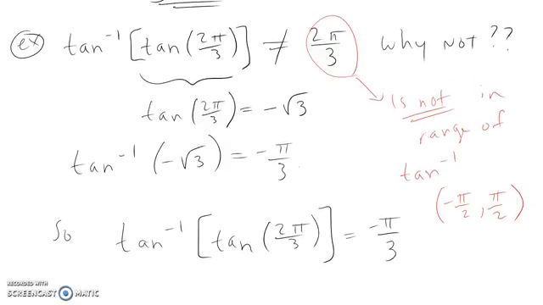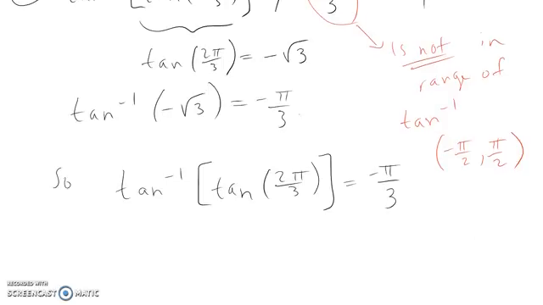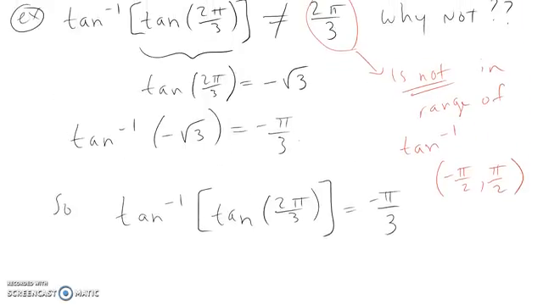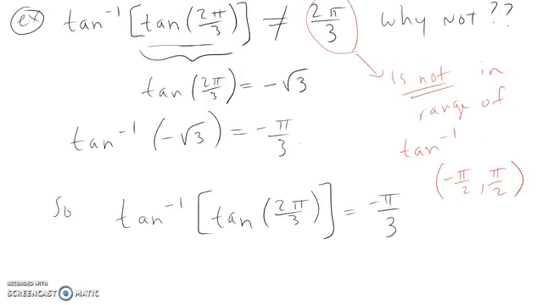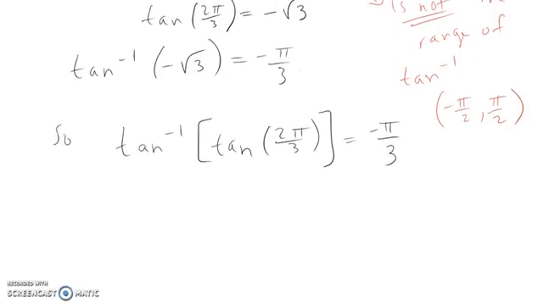What if we compose these two functions the opposite way? Instead of doing the inner tangent and then taking the inverse tangent of it, let's compose the other way. So we're going to find tangent of tangent inverse of negative pi over 3.